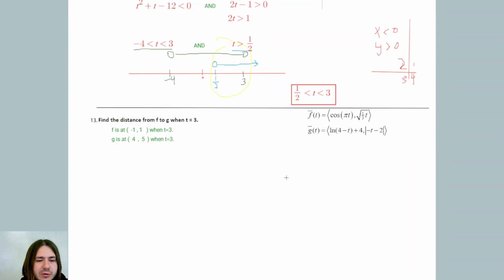So we're just going to use this. You can either think of it as the distance formula or think of it as the Pythagorean theorem. I'll give you a quick visual showing what it is we're trying to find. Negative 1, 1 would be roughly right here.